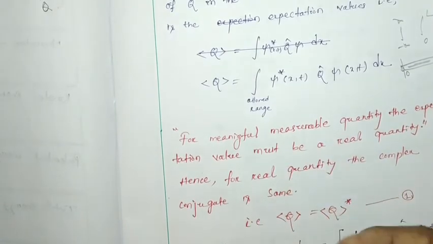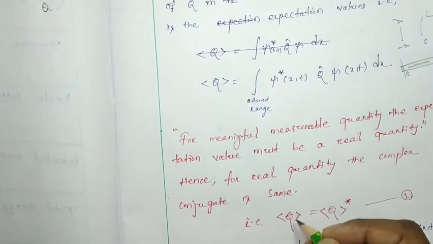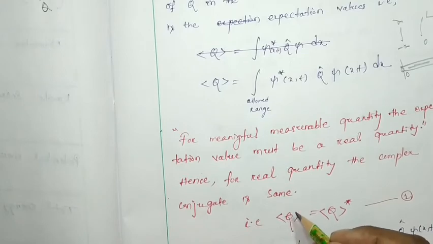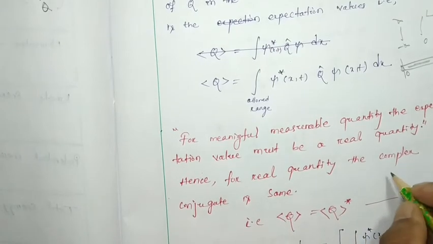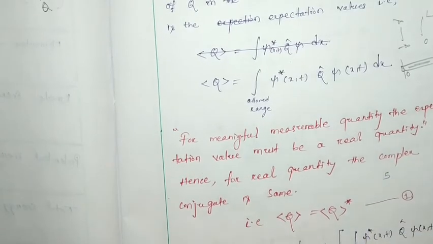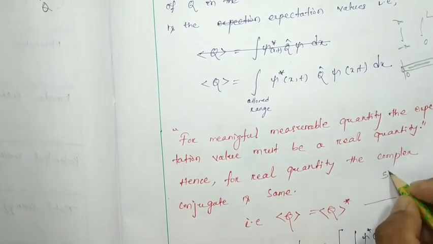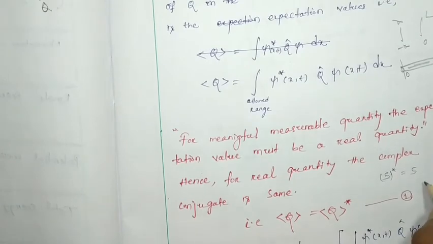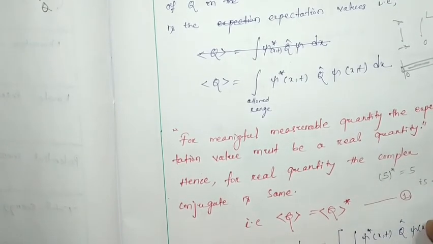So if the expectation value of any physical observable is real, that means the complex conjugate of the real value will be the same. Suppose 5: the complex conjugate of 5 is itself 5, but for i5, the complex conjugate will be minus i5.